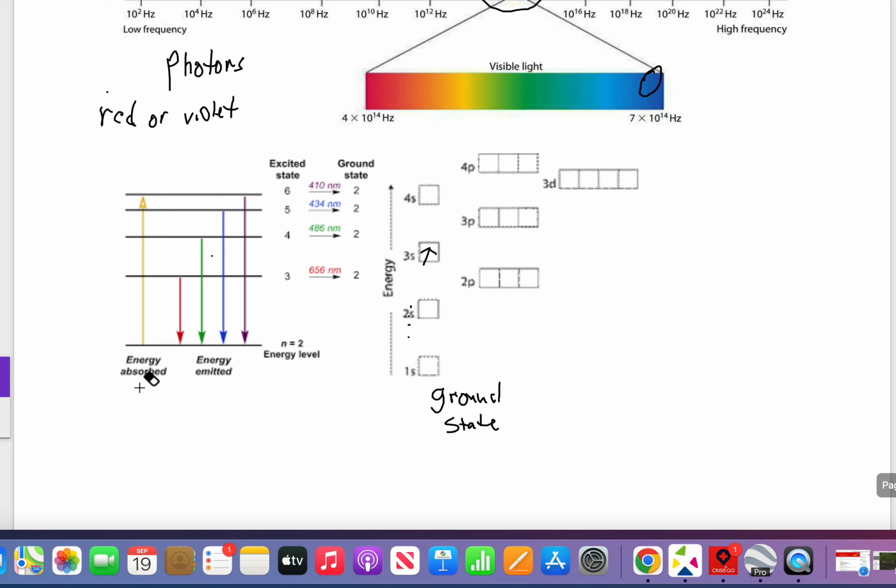Well, electrons, just like everything in nature, will always go from high energy to low energy. So this electron is going to fall back down to a lower energy level. Let's say it falls from the third to the second.